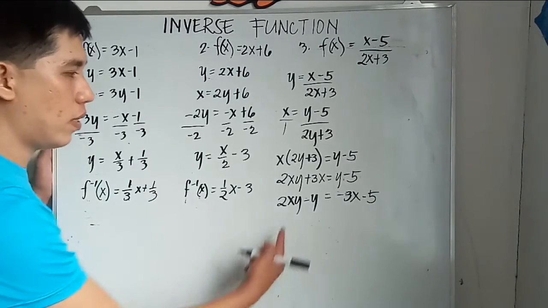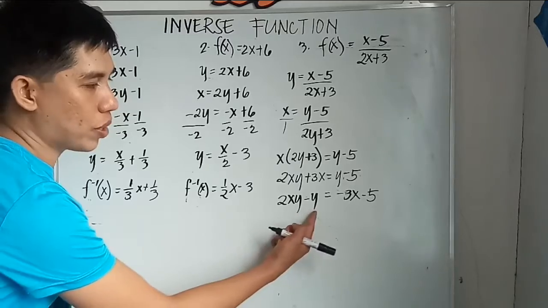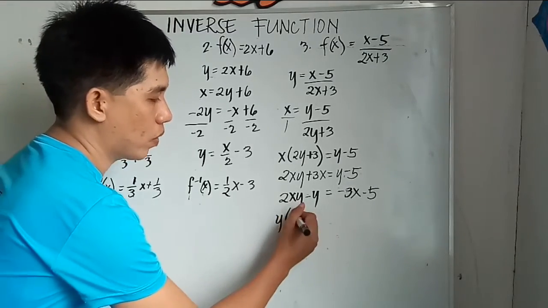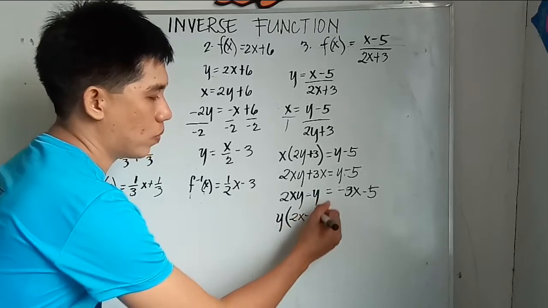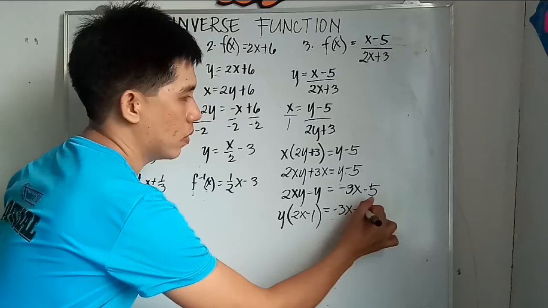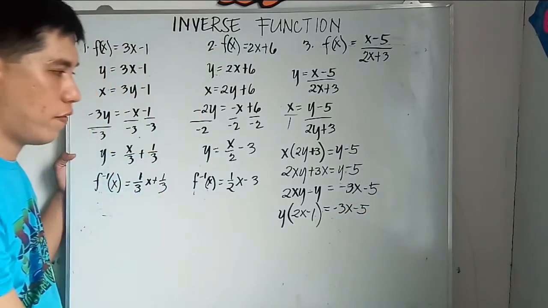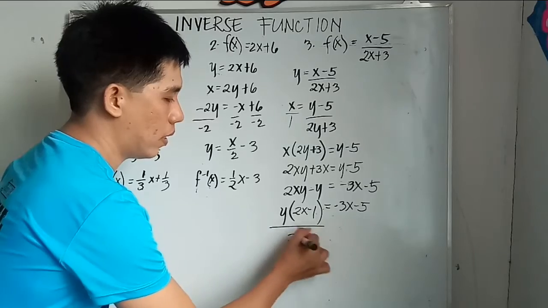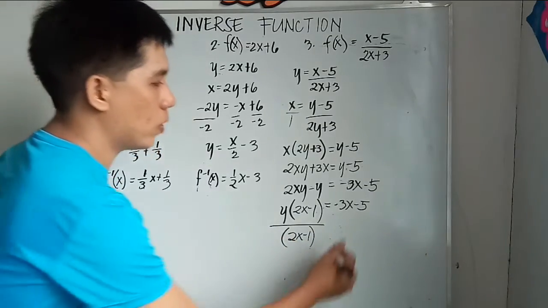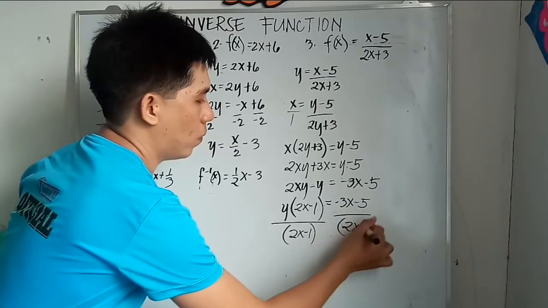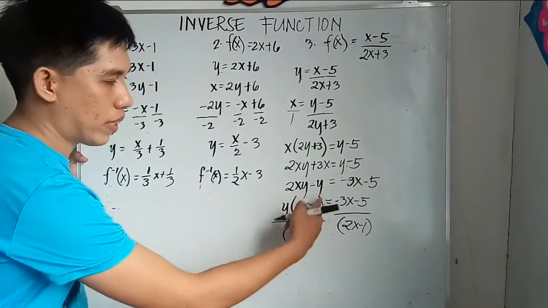Okay? So here, the common factor is y. We factor out y. So this will become y times 2x minus 1, that is equal to negative 3x minus 5. So to solve for y, we will divide this by 2x minus 1. Same here, we have 2x minus 1, so we will cancel out.